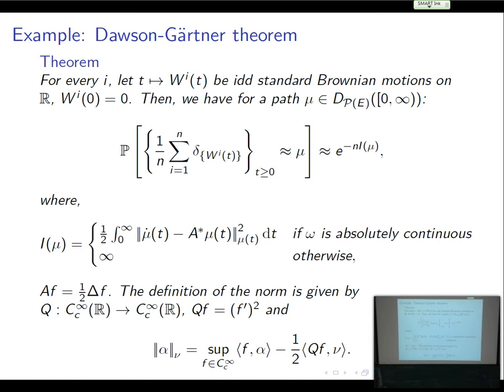As I said, the generator is 1/2 times the Laplacian, and this norm that I've given here is actually the H^-1 norm of mu t, which can also be given in the following way. We take q, and if we evaluate q on f as the derivative of f squared, and then we take this kind of Legendre transform object.